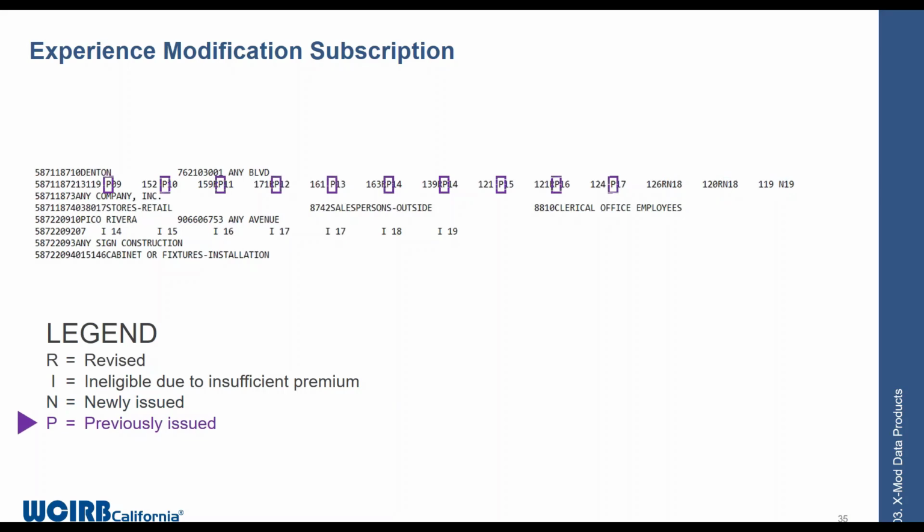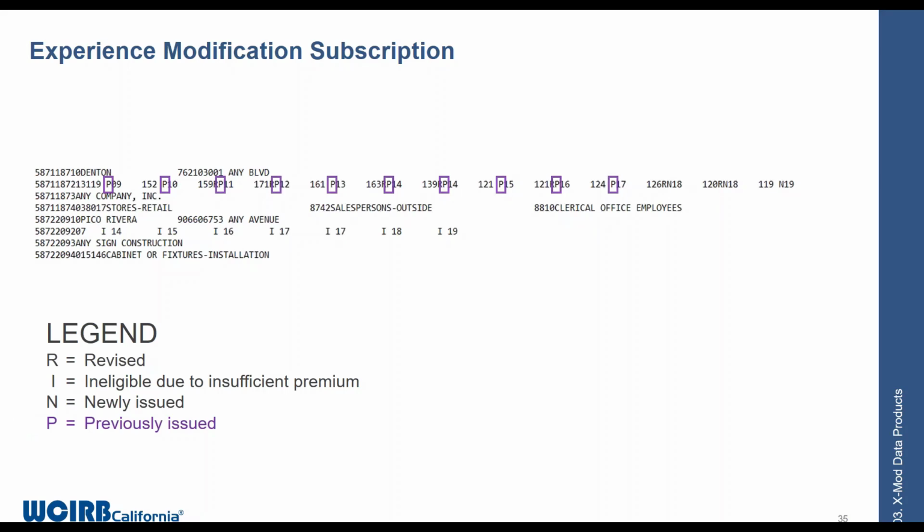And then P's are for previous, so these are a reflection of things that were previously reported. And again, not why this particular data element was included, but since we're giving historical information as well, we provide up to 14 instances of experience modifications in the history.